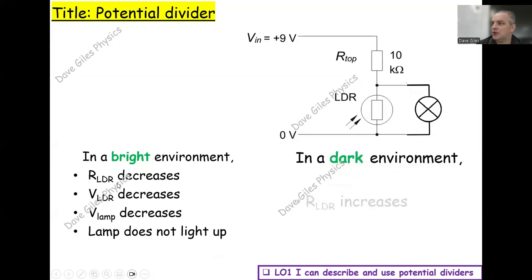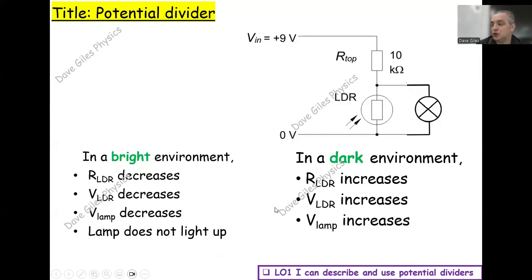In a dark environment, the resistance of the LDR increases, the voltage across the LDR increases, the voltage across the lamp increases, so the lamp lights up. So this is a much more useful practical circuit.